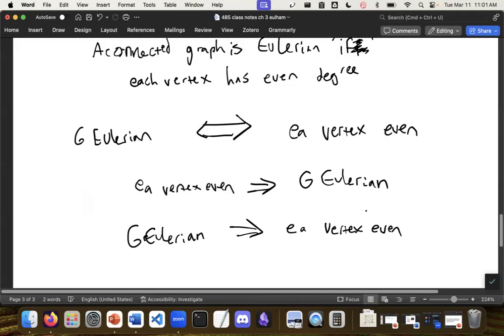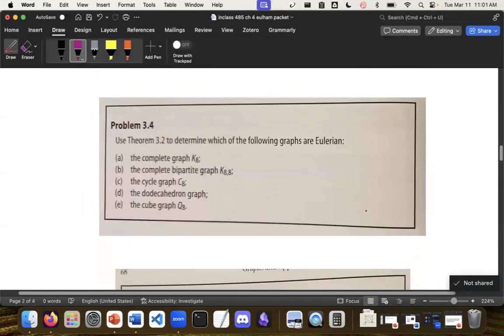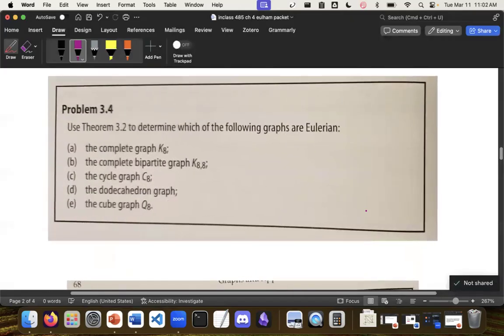Okay. There's another packet problem, which is just to try and verify for a second. Remember K is the complete graph where all edges possible are there.